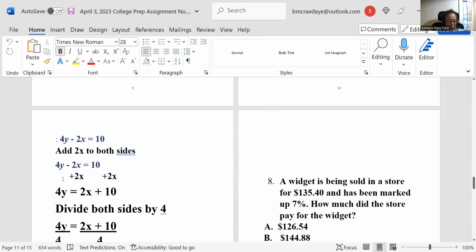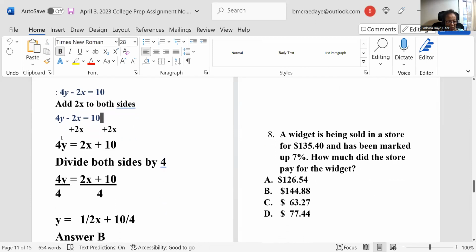Now the coefficient of my y is a 4, and I want just y equals something. So I have to divide out that coefficient, divide both sides by the 4. So that's 4y divided by 4, and 2x plus 10 divided by 4, right? Okay. And then I think Audrey said the 2x over 4 is 1/2. So that's 1/2 x. And there's my 10 divided by 4.